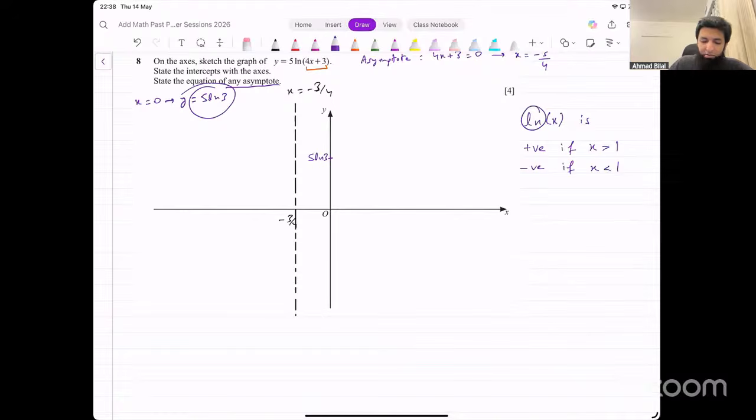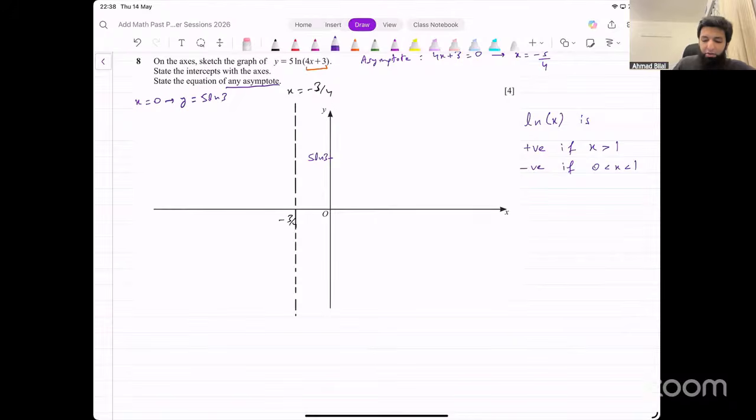Not just ln, any log, log with any base, is going to give us a positive result if this number is greater than 1, and negative if the number inside is less than 1. That means it's between 0 and 1. So numbers between 0 and 1 give us a negative log. This is 3, so it is going to be a positive value. So on the graph, we're going to plot this point above the x-axis.